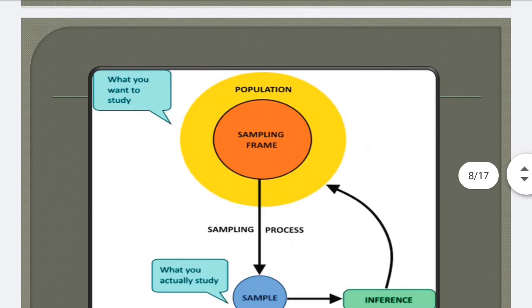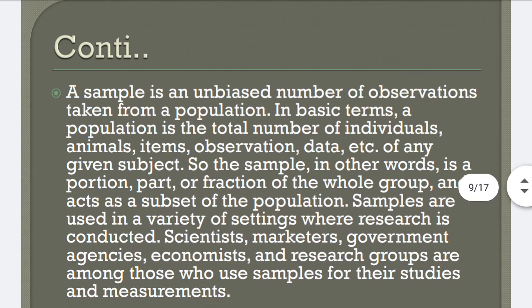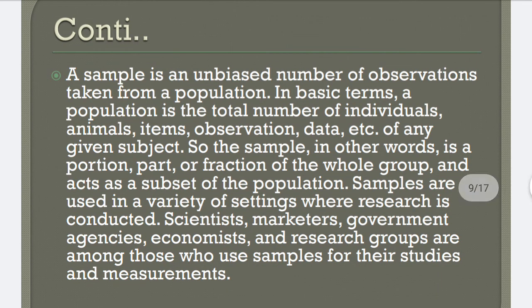And now look at this picture. You can easily understand the population, sample frame, and the sampling process, what you actually study and what you want to study. Continue. A sample is an unbiased number of observations taken from a population. In basic terms, a population is the total number of individuals, meaning animals, items, observations, data, etc. of any given subject.